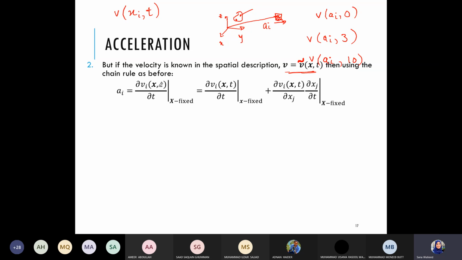So the point was that I can have my velocity field in the spatial description, and in that case I have to use my chain rule as I did before.